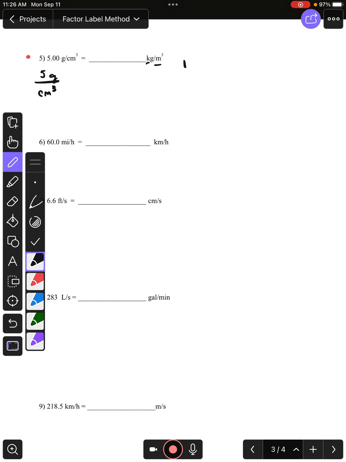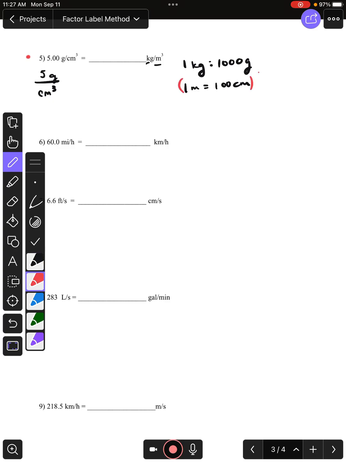I know that for every 1 kilometer, it's equal to 1,000 meters. And I'm just going to change my basic unit to grams. So 1 kilogram is also equal to 1,000, but instead of meters, it's grams. Then I don't know how to get from centimeters cubed to meters cubed, but I do know that 1 meter has 100 centimeters. And to get that cubed, I'm actually going to cube it right here.